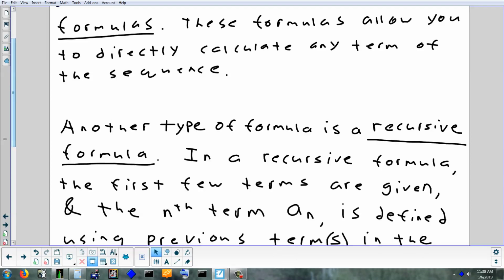And then if you want to know another term, it's always defined using the one that came before it. A recursive formula is kind of a pain to use by hand, because if you had to find the 200th term, not only does it take a long time, but when you make one mistake getting to the 200th term, then the whole thing is messed up.